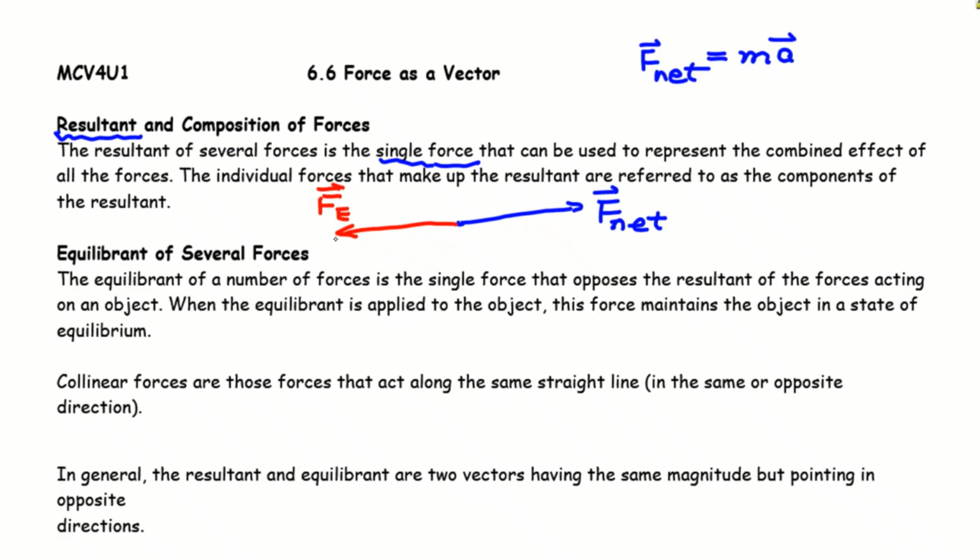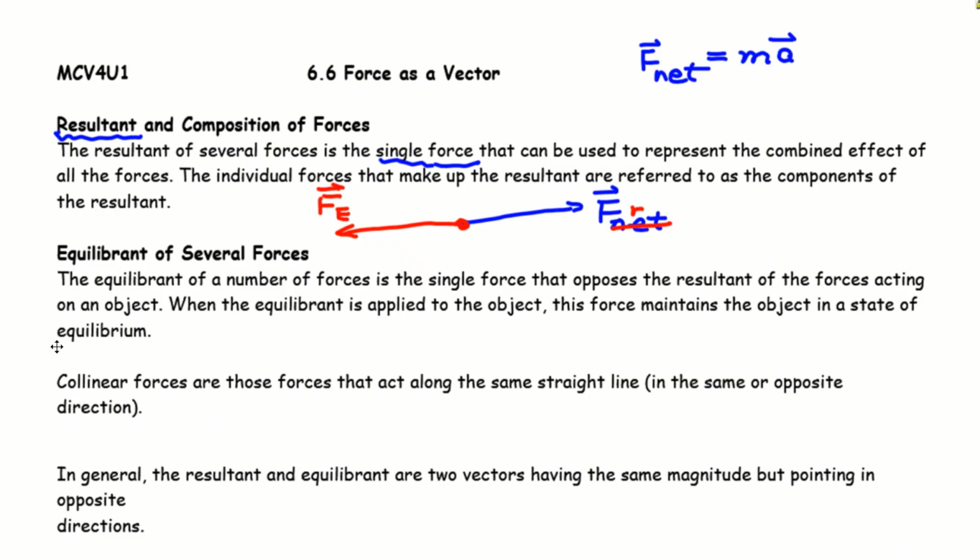And if the equilibrant force is applied to one object, then you will see these two forces cancel each other. So the object will stay at rest or keep moving at a constant speed, because the net force altogether is 0.